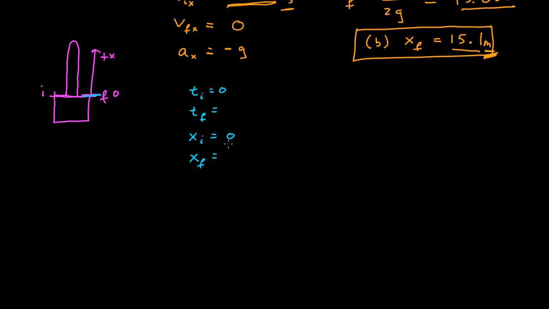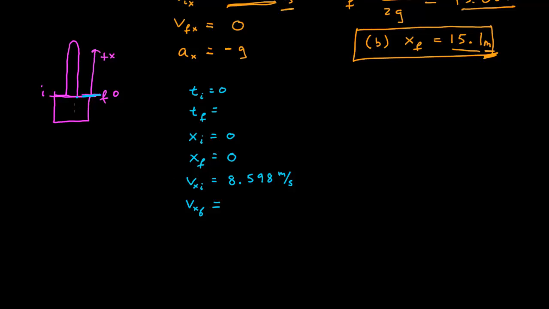My final position, also given this coordinate system, is also 0. So that's kind of interesting. Okay, what's my initial velocity? Well, it's going up, so it's positive, and it's the velocity when it exits the window, which is 8.598 meters per second, and it's positive. And we have the final velocity, that's when it comes back down.